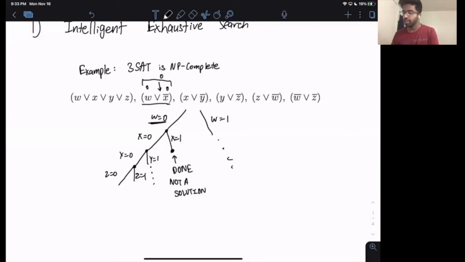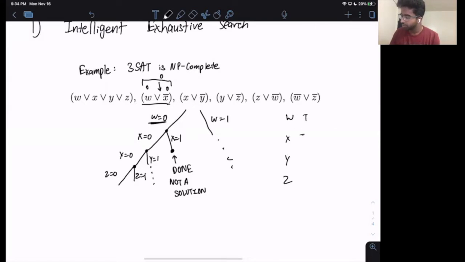That's what pruning is. So again, to reiterate, our basic solution would be the exponential way. Since we have 4 variables here, let's say w, x, y, z, for each of these we assign values.